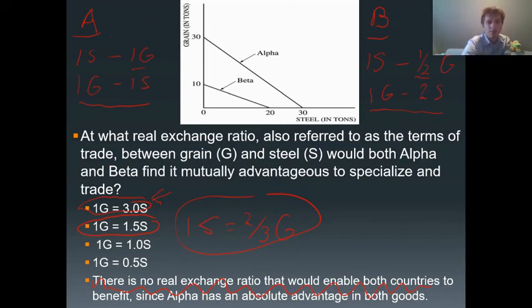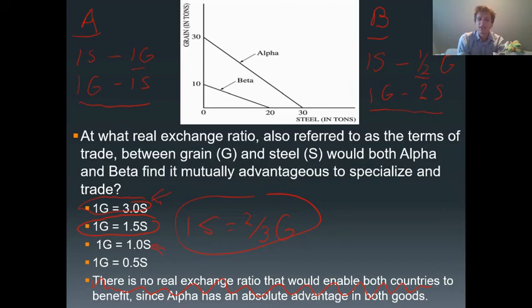Now you might say, well, what about this one? The thing for that is it's not really beneficial for country alpha. It is an even trade for them. They're not really getting anything out of it. They're not increasing their consumption. They're essentially staying on their own production possibilities curve, but with trade.